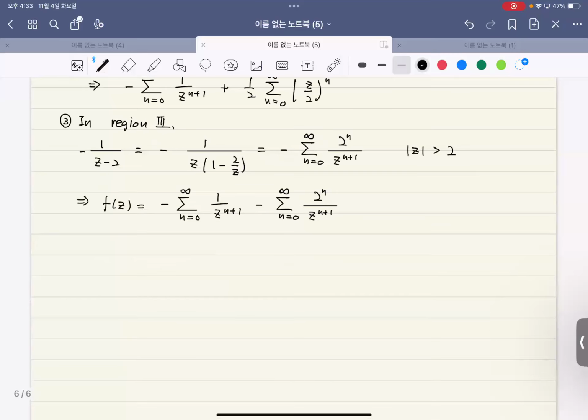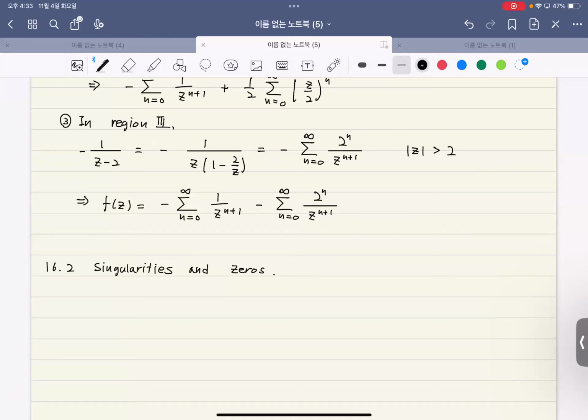Now let me turn to the next section, which is about singularities and zeros. Do you remember the definition of the singular point?